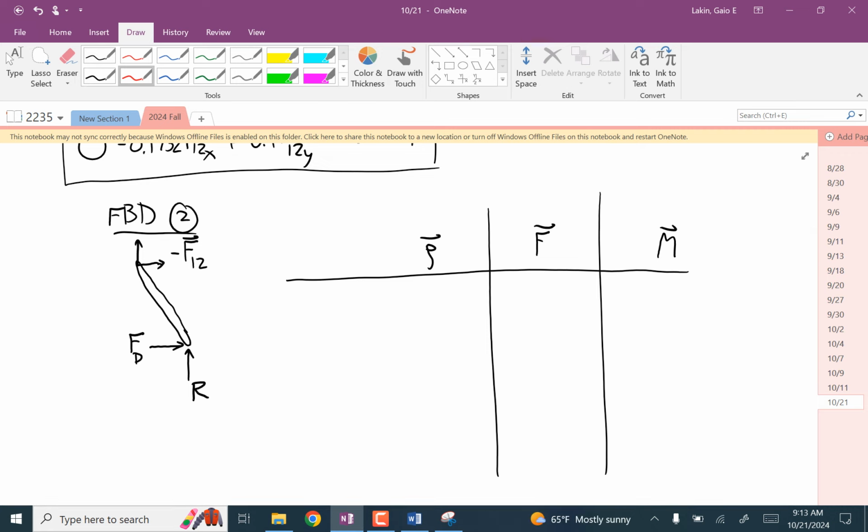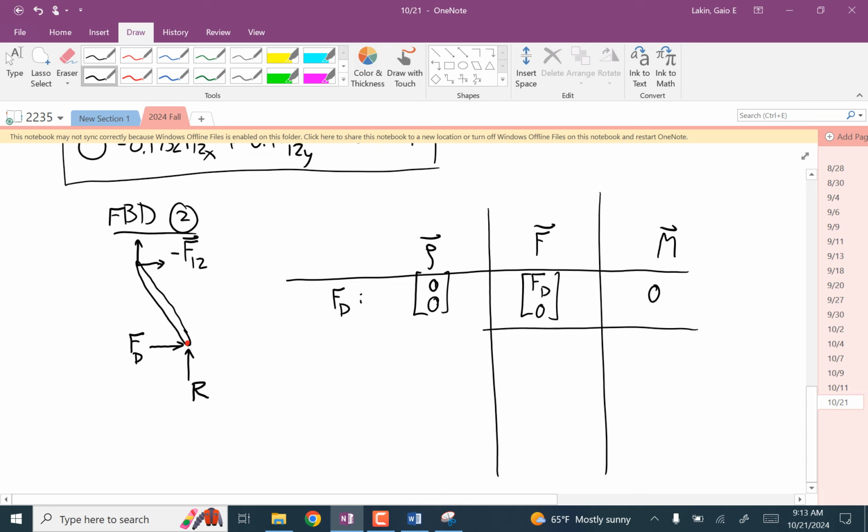I guess I'll put my about point down here. So this force FD has no moment arm. The force is FD, 0, no moment. Then R has no moment arm. The force is 0, R, no moment.